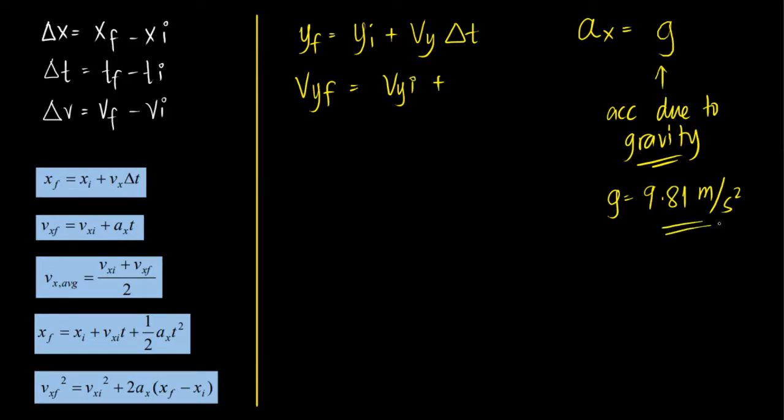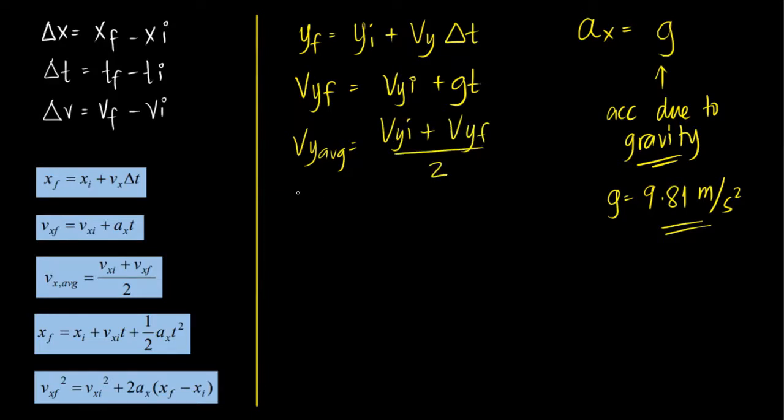Now, instead of using ax, we are going to write g t. Ang aton nga vy average equals vy initial plus vy final over 2.